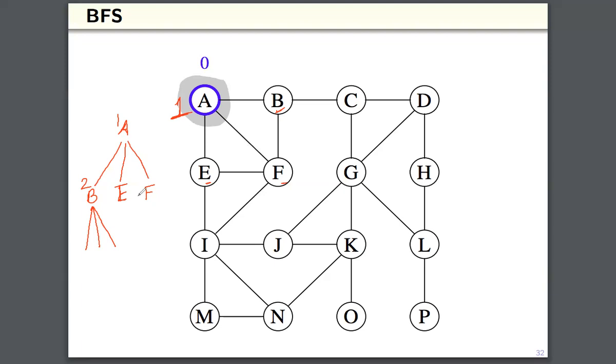Initially the queue was like this, and now it became BEF. You can say BEF, and now it looks like this: EF, B. What are all the child nodes of B? Just C and F and A. So let's also add this.